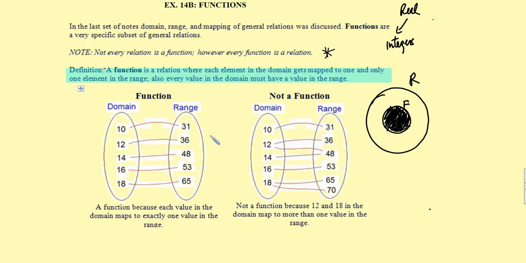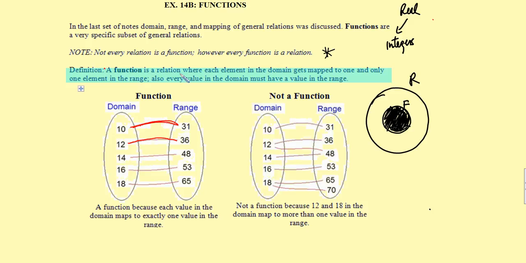So it's a one-to-one relationship. One value of the x brings me to one value of the y. So a function is when every value of the x takes us to one value of the y.